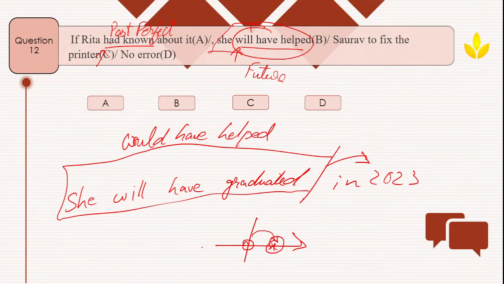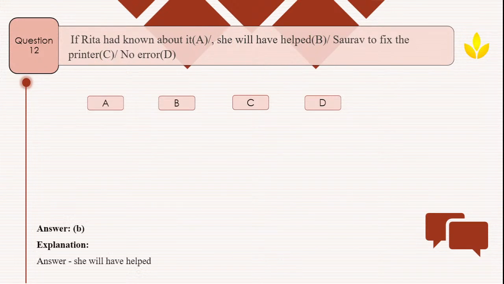Since it has already happened, "had known", we cannot write this. We have to write a conditional statement, that is, "would have helped".